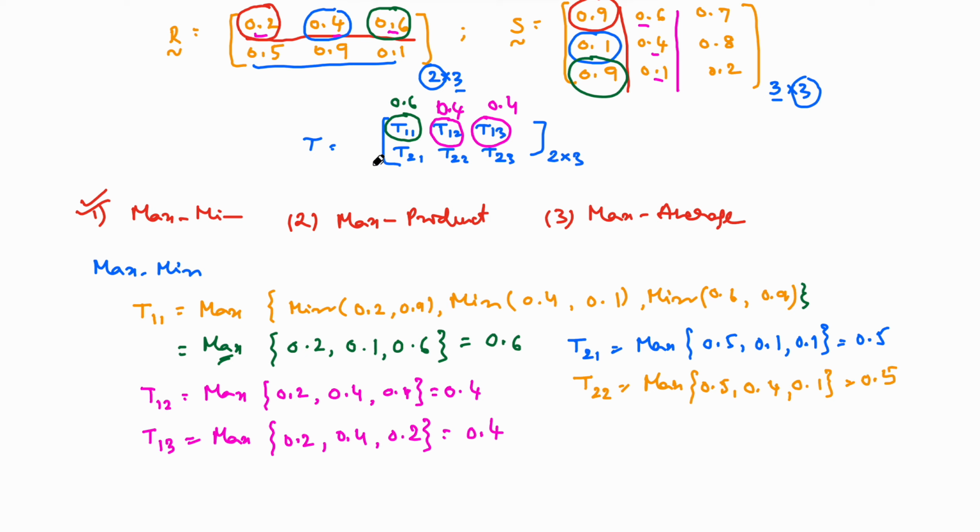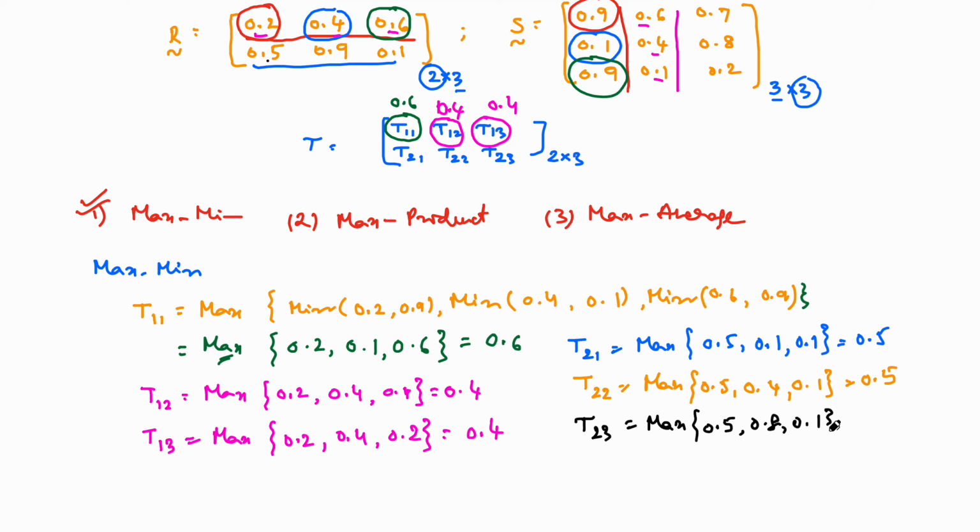And the next one is T23, which is equal to maximum of minimum of 0.5 and 0.7 is 0.5, minimum of 0.9 and 0.8 is 0.8, and minimum of 0.1 and 0.2 is 0.1.